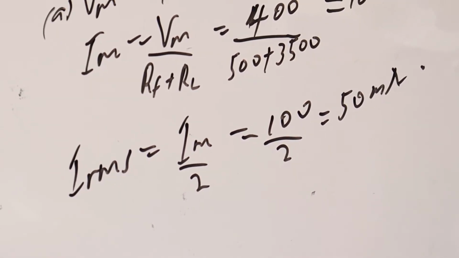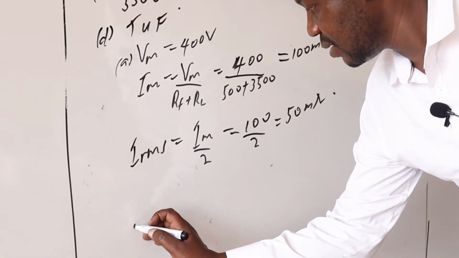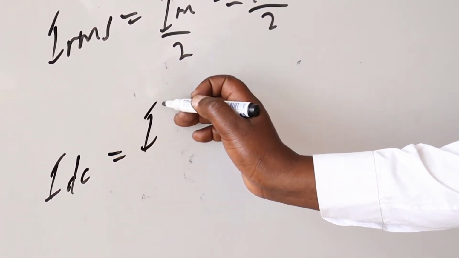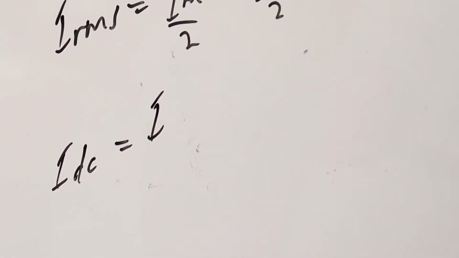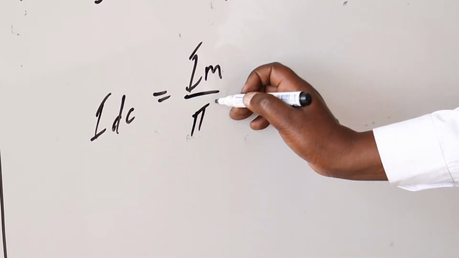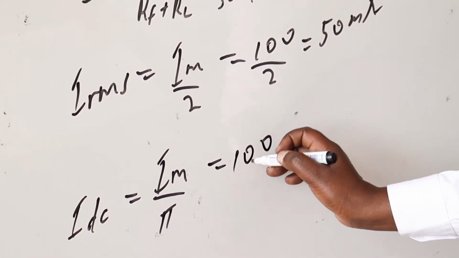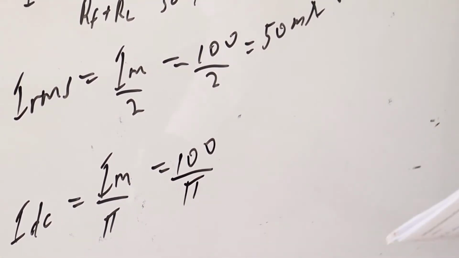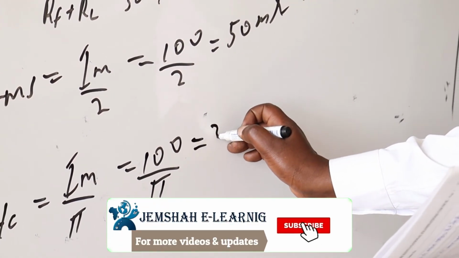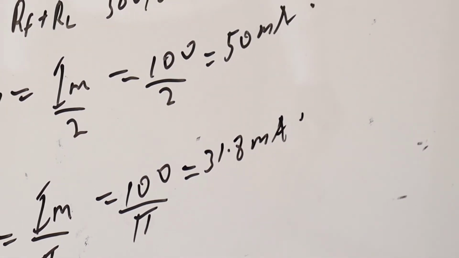Then we have IDC, which should be given by IM over pi. Our IM is 100 divided by pi. It gives you 31.8 milliamperes. So that is part A.